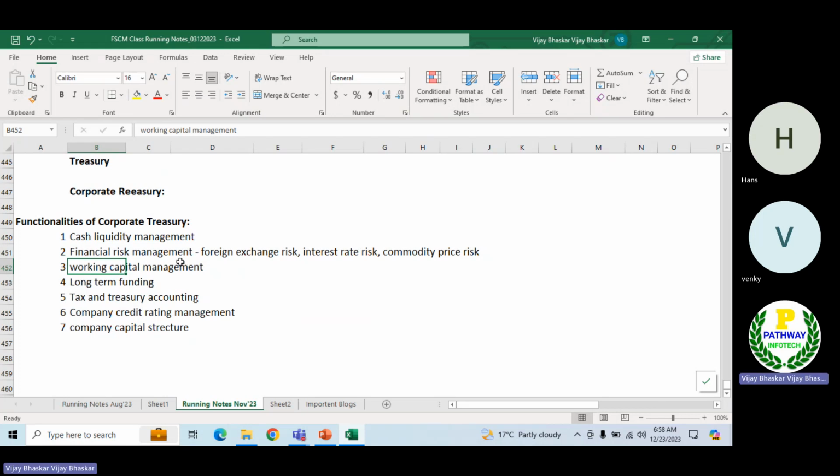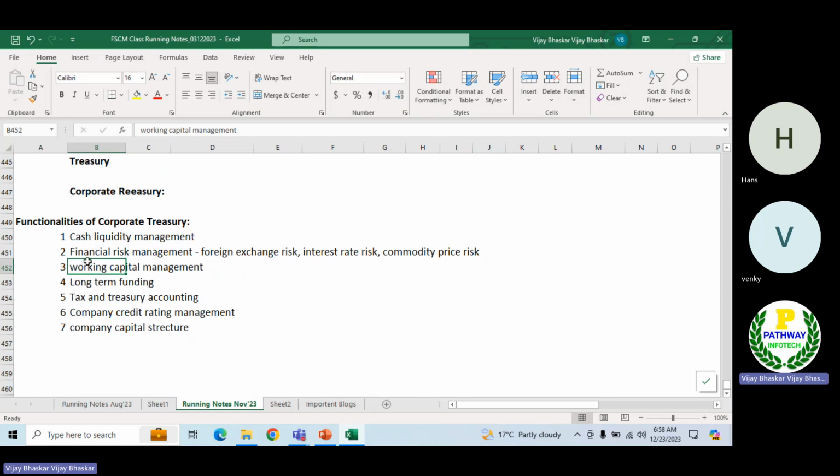I think this is not a separate thing; it's part of cash and liquidity management only. Because by doing the analysis with the cash flow analyzer, we will come to know whether we have sufficient funds or a deficit. Based on that, the treasury department will take decisions immediately.